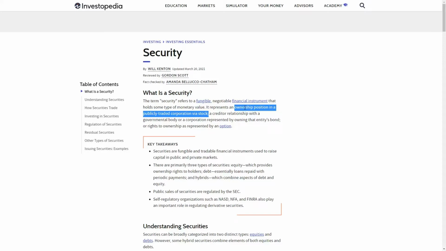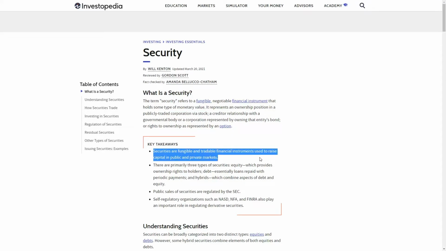When we're talking about is a cryptocurrency a security, we're talking about securities laws from all the way back in the 1940s. So, put very simply, securities are fungible and tradable financial instruments used to raise capital in public and private markets.